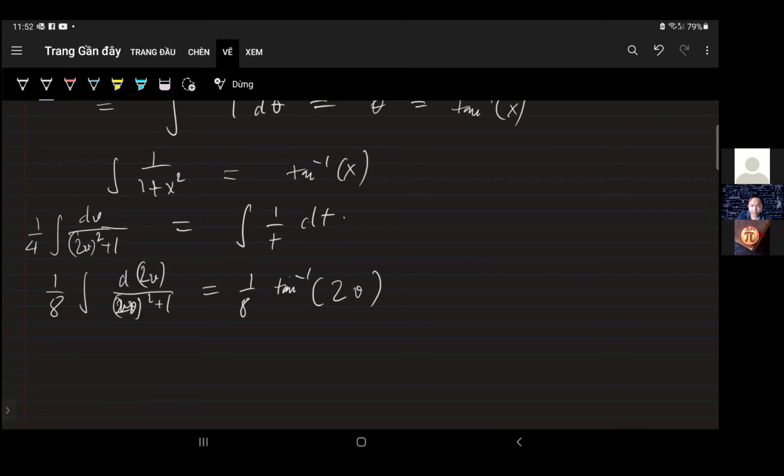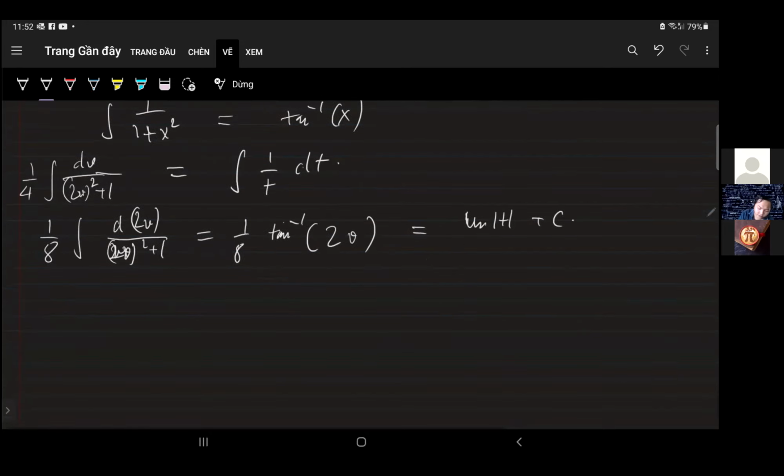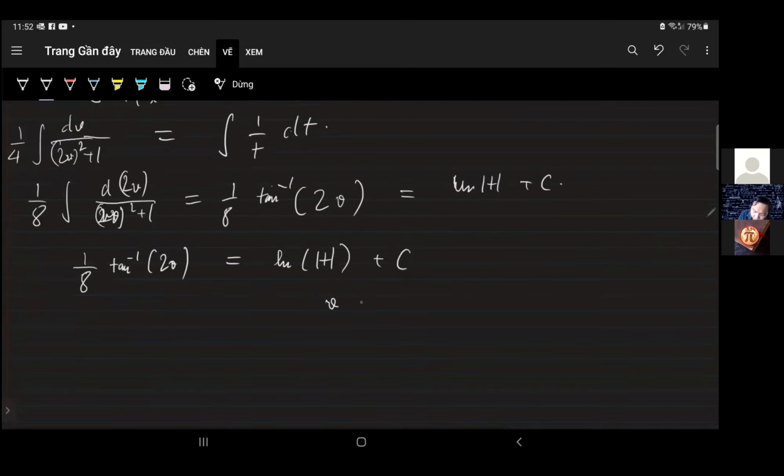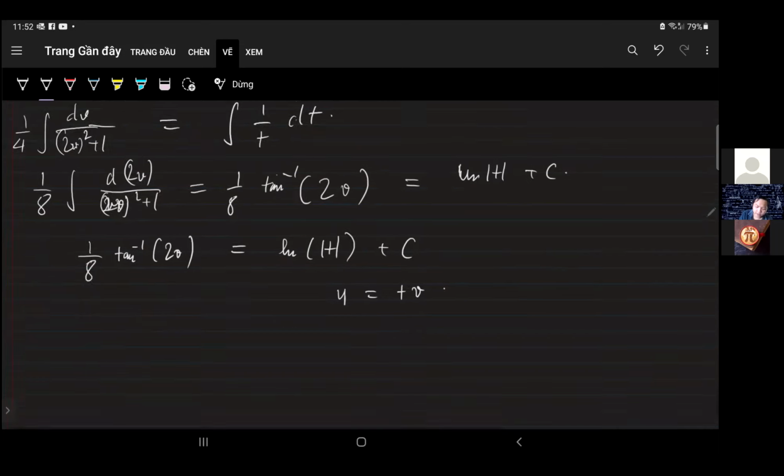What about the right-hand side? It is equal to log of the absolute value of t plus some constant. So that is the implicit form for the function v, and you need to transform it into t and y, right? V equals y over t, so y equals tv.